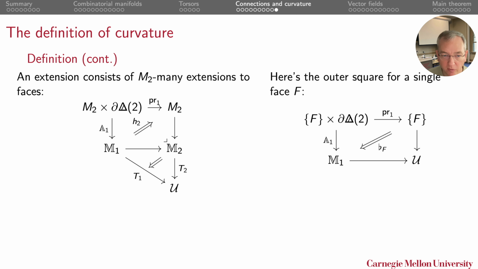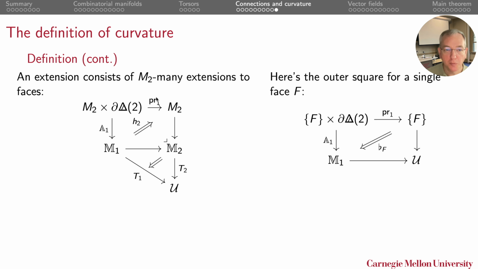So we have enough data around to also talk about curvature. So now let's get down to the individual push-out level where we have, say, a face, some faces here, and we're claiming that T1 extends to T2. So that's our 2 connection that we claim exists. The data of this is an extension T2 of T1 on each face.